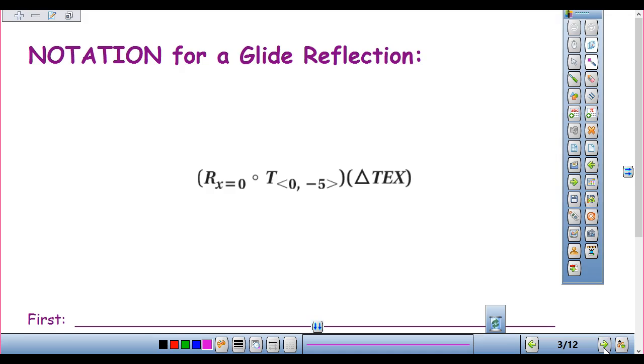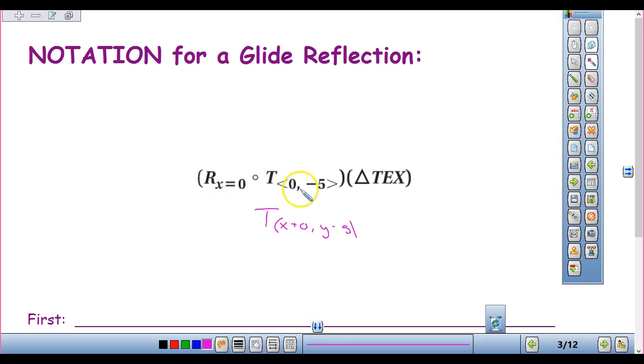Now, I understand that we've learned that our translations are x plus 0, comma y minus 5. So that's what this means. It's just a shortened notation when we go into the glide reflection.